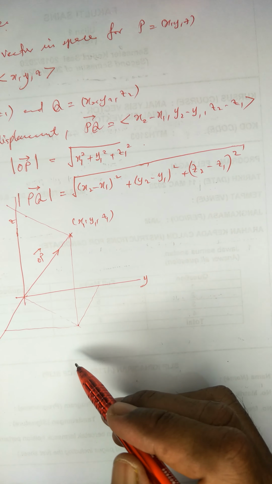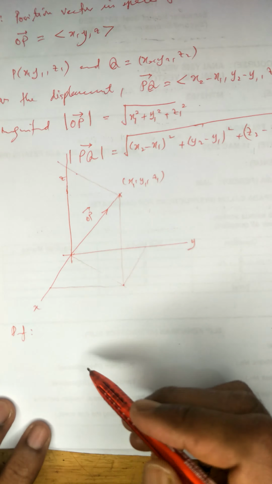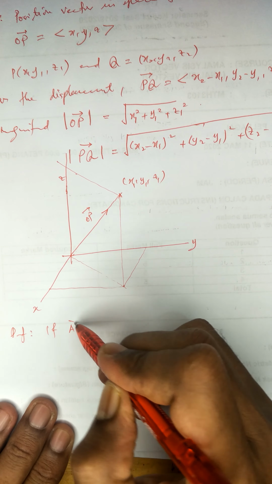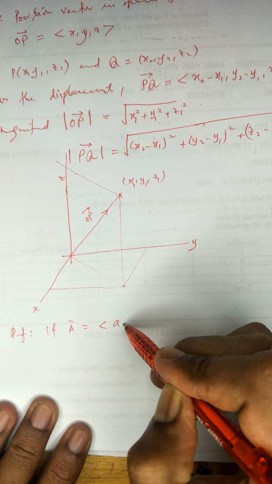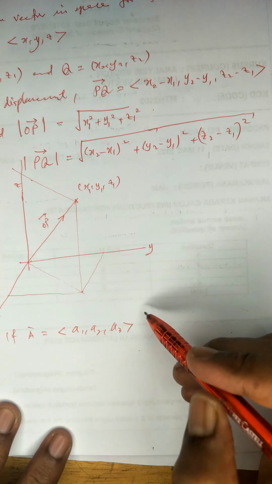So another definition: if a vector A has components A1, A2, A3, and a vector B has components B1, B2, B3, then we say A equals B if and only if each of those components are equal, so Ai equals Bi for i equals 1, 2, 3.